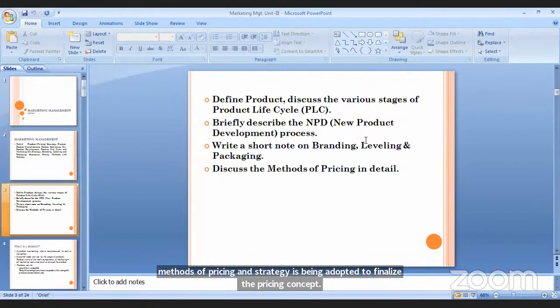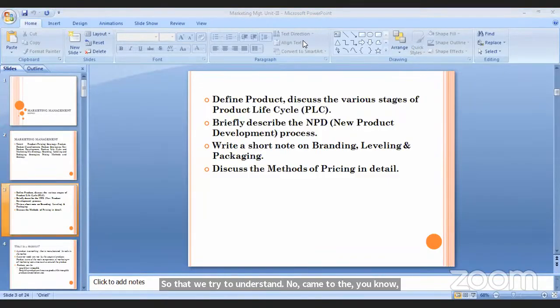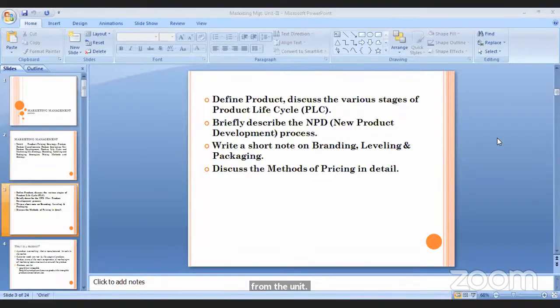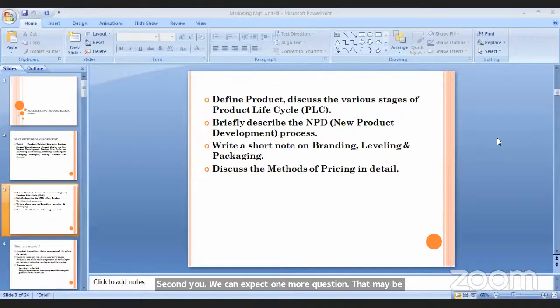Now came to some of the expected questions from the unit 3, that is define product, discuss the various stages of product life cycle. We can expect one more question, that maybe briefly discuss the NPD process, that is called new product development process.